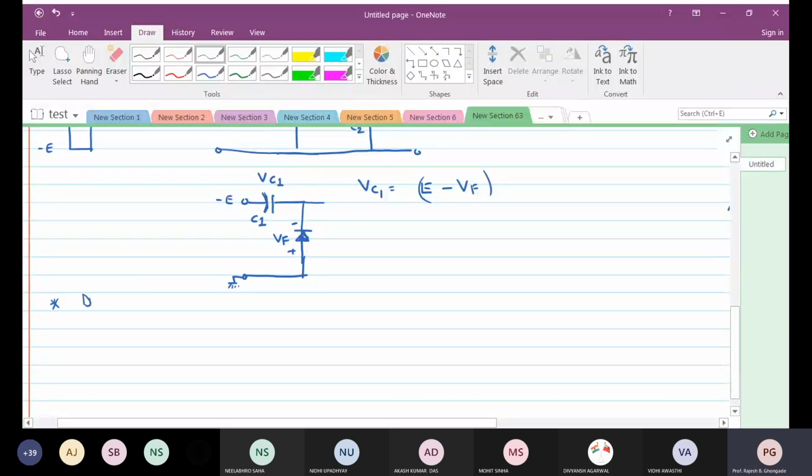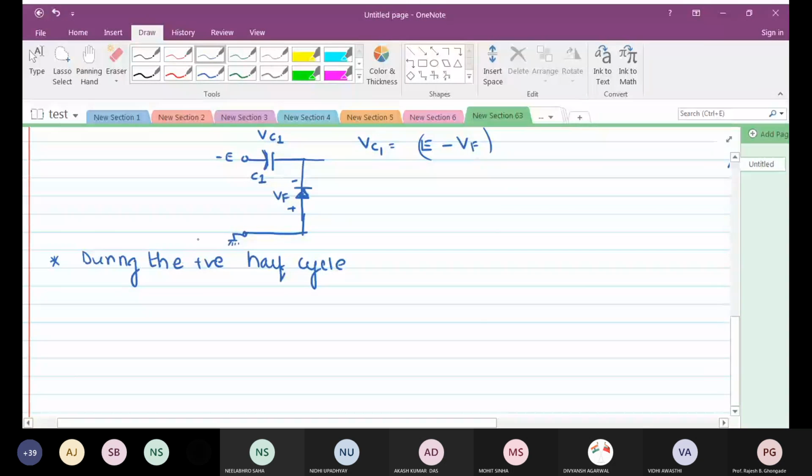Now, during the positive half cycle, what is going to happen? Let us first of all update the values.